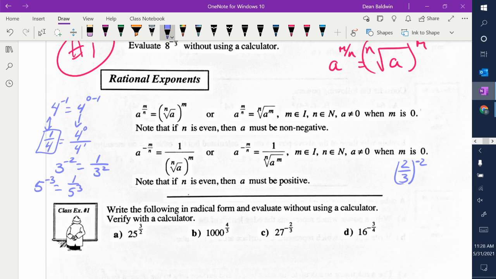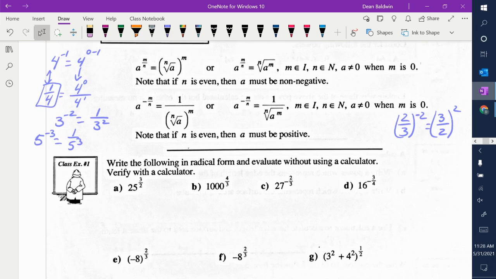So this will be 3 over 2, and the exponent becomes positive. All you gotta do is flip it. And that makes the exponent positive. The exponent doesn't flip, it becomes positive.